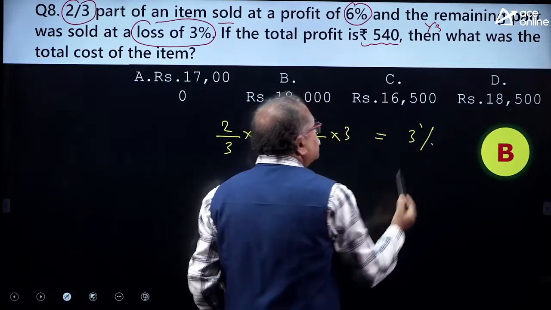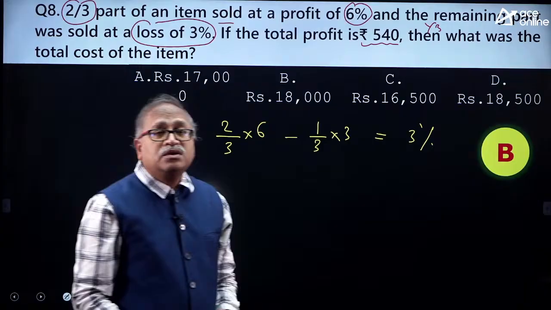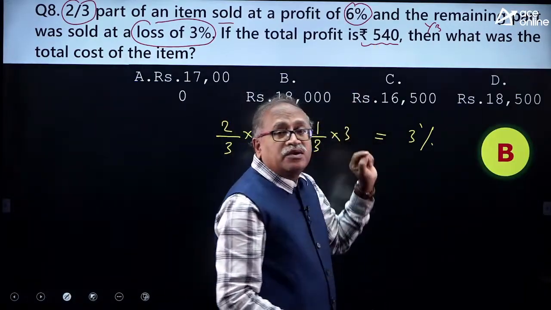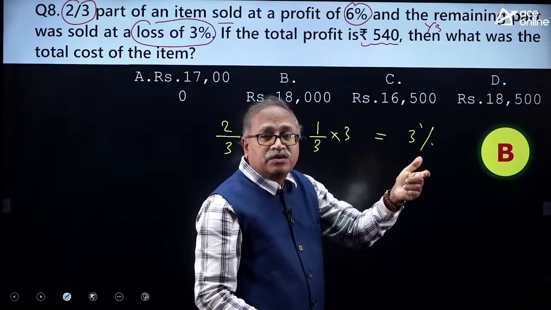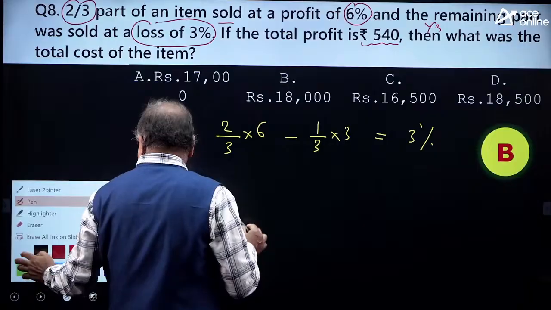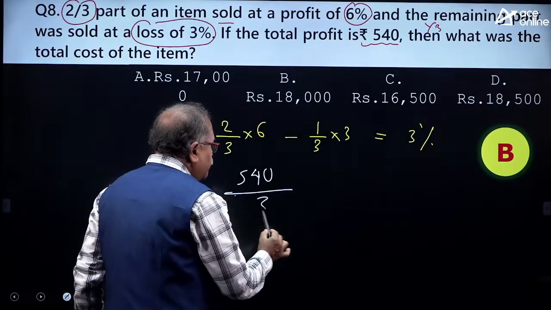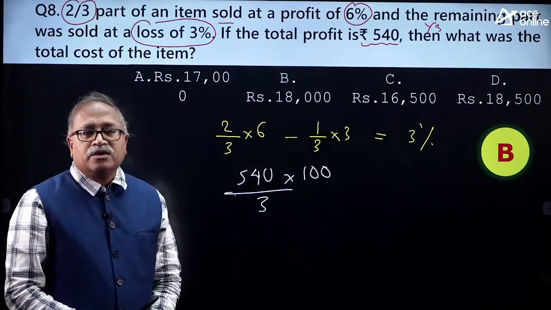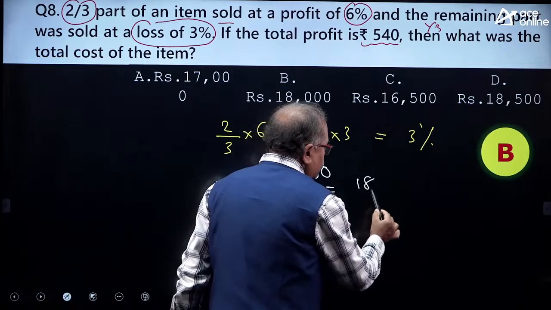So 3% profit is overall, and the overall profit is 540. When 3% is 540, then what is the cost price, that is 100%? So 540 divided by 3, times 100. This gets cancelled 8. So your answer is 18,000.